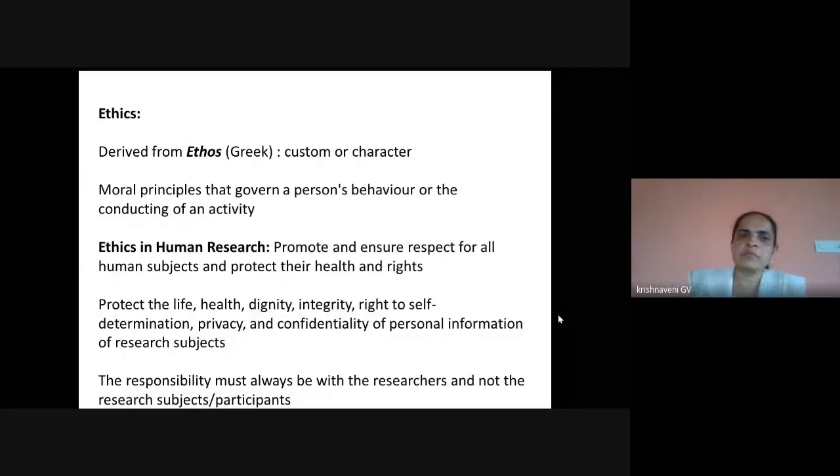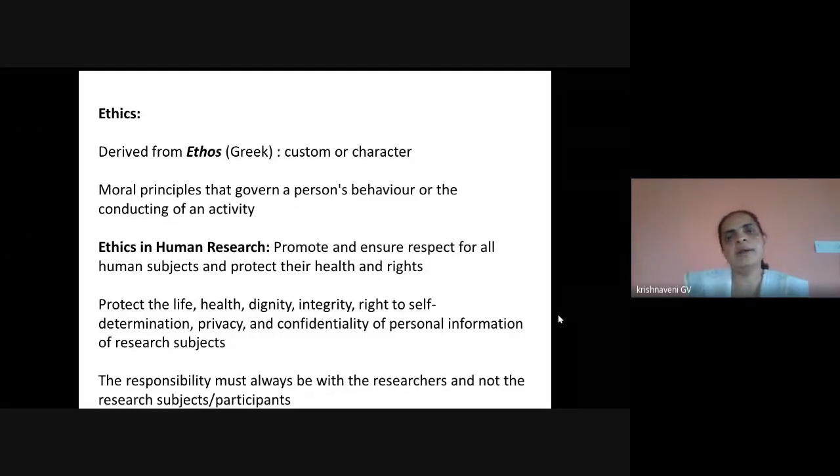Ethics is derived originally from a Greek word called ethos, which means character, a moral set of principles, a custom that we all have to inculcate in our daily life when we are dealing with other human beings or other living beings. So we can't just go and hit somebody next to us or behave rudely to our neighbors. So we all live based on certain moral principles, certain good conduct, we can say.